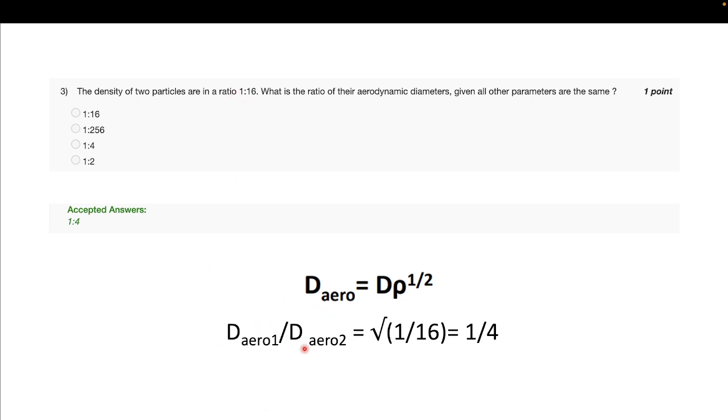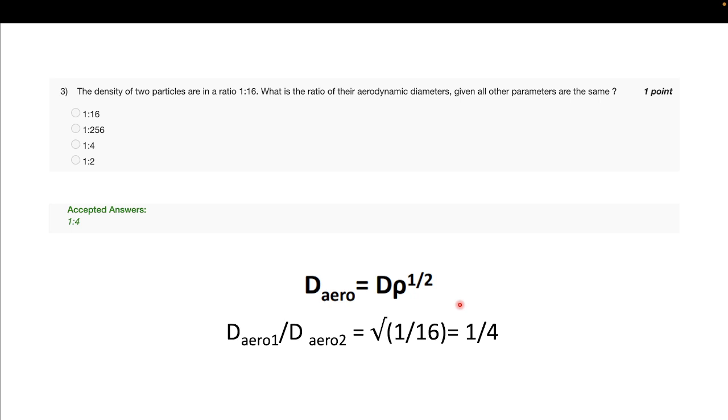If you put it in this expression, you take a ratio of the aerodynamic diameter. Since all other parameters are the same, that means the physical diameter of the particles is the same, but you have a difference in the density. So if you just take the root of this, you'll get 1 is to 4.